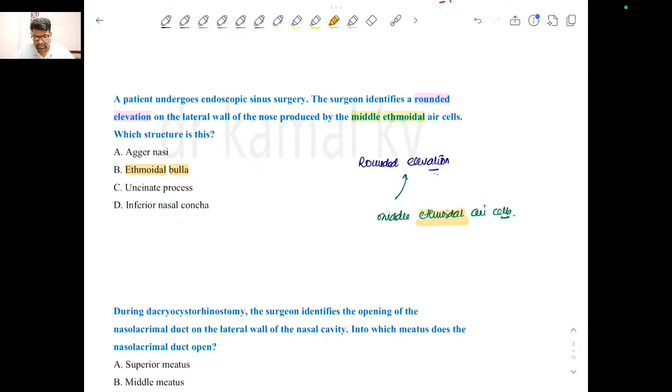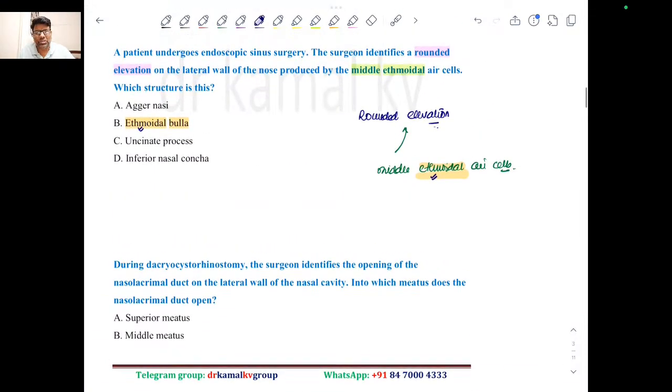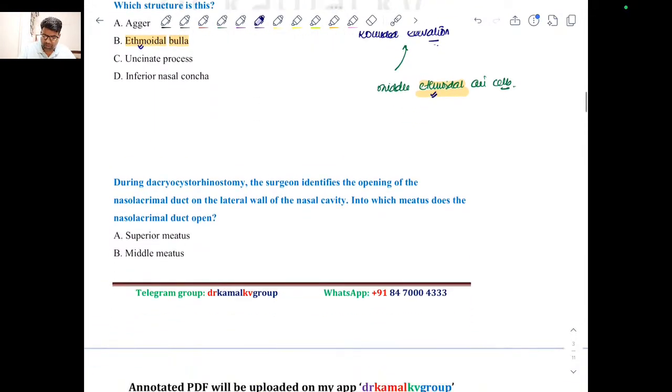So a rounded elevation on the lateral wall of the nose related to the hiatus semilunaris is the bulla ethmoidalis, produced by the middle ethmoidal air cells. So remember ethmoidal and ethmoidal, that will help you. Now this is a neat PG question and slightly difficult, I would say.